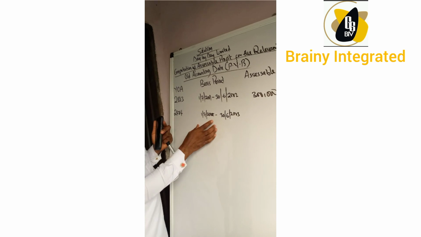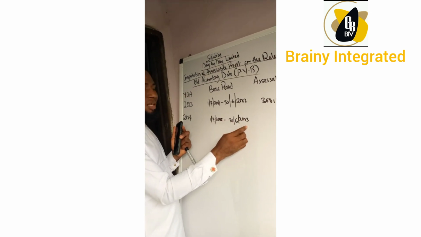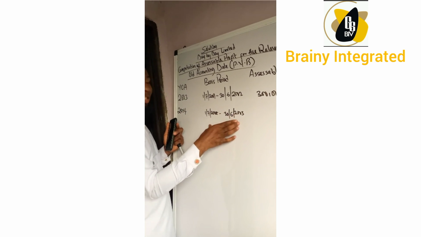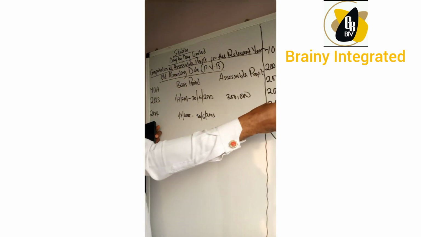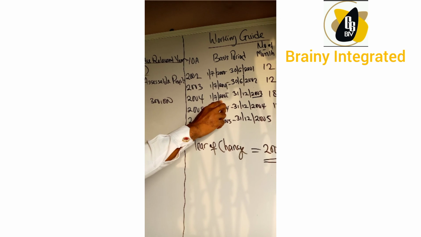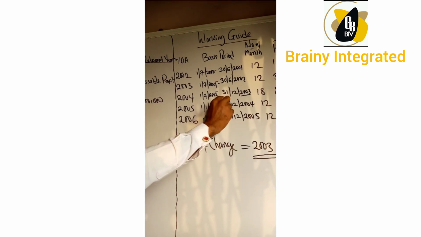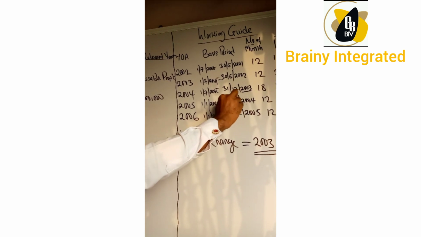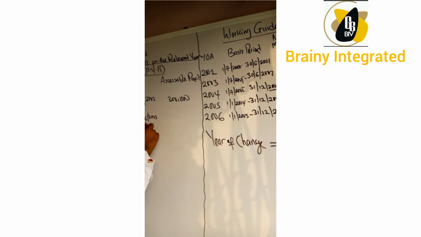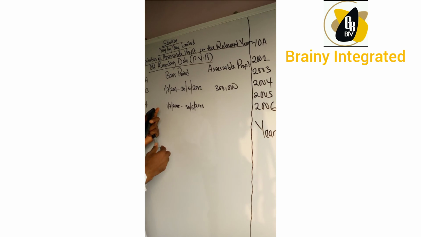Now that we have seen 1/7/2002 to 30th June 2003, we are going to say where can we find this basis period in the working guide. So I can find 1/7/2002 here, and I can also see 30th June 2003. June is in this basis period. This ends in December, while we are looking for June. This is 18 months. However, what we are looking for here is 12 months.